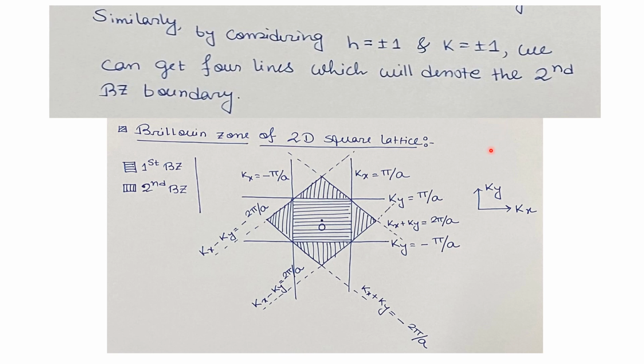These are kx minus ky equals minus 2 pi by a, kx minus ky equals 2 pi by a, kx plus ky equals minus 2 pi by a, and kx plus ky equals 2 pi by a. These four lines construct the second Brillouin zone boundaries in the kx-ky plane.